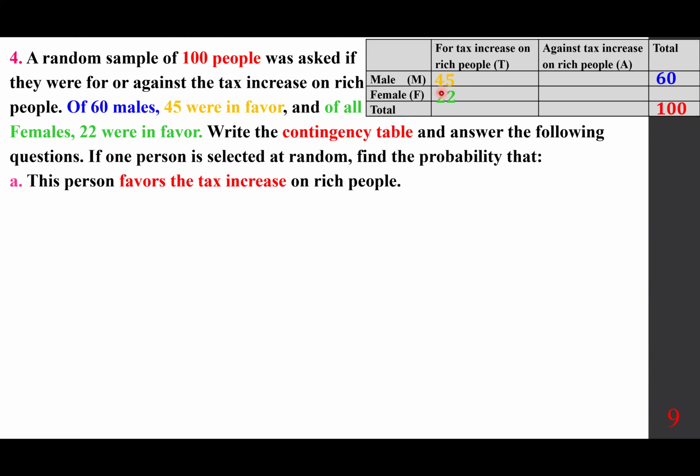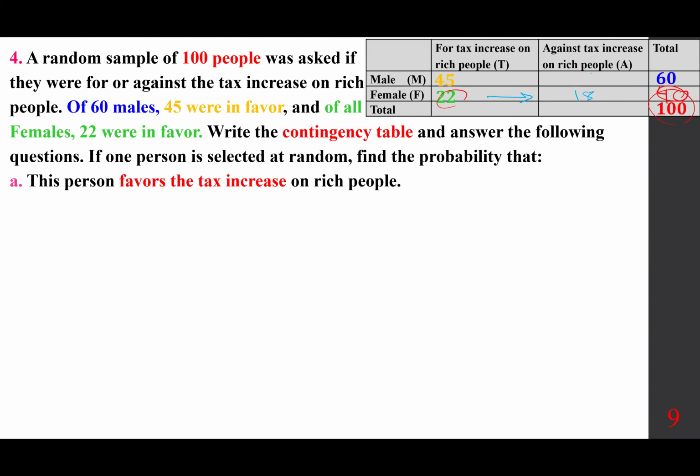Now we can write the contingency table. How do we write that? First and foremost, if this is 100, that means this must be 40, everybody, right? Because 40 and 60 add up to 100. Now if you look at these two, 22 plus what number is 40? Must be 18.